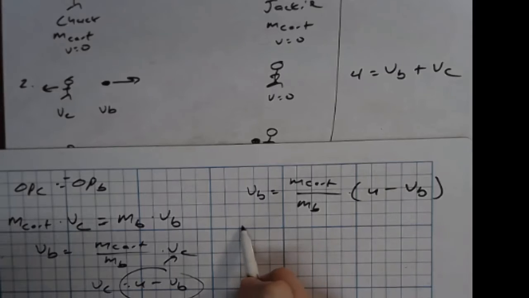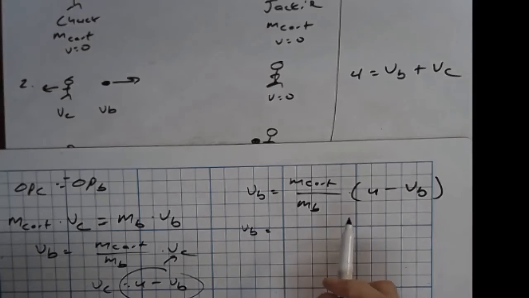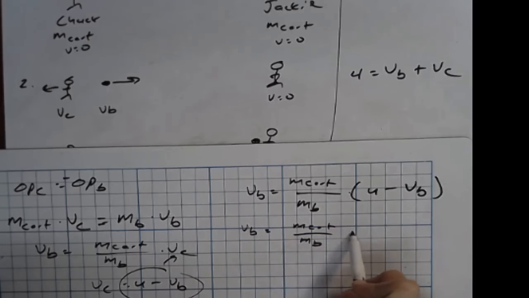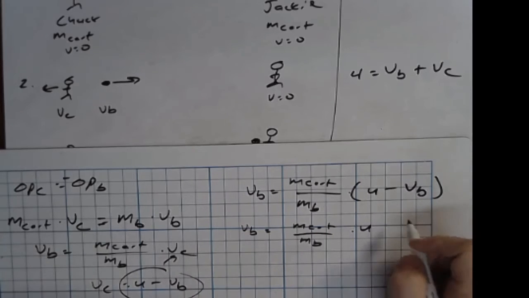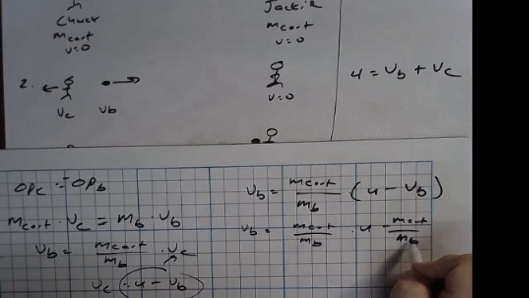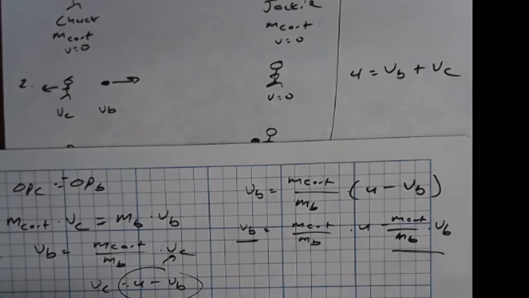So I've got the velocity of the ball equals the mass of the cart over the mass of the ball times u, minus the mass of the cart over the mass of the ball times v sub b. These two terms need to get combined, and that one needs to get left alone. So I'm going to move this over to this side.